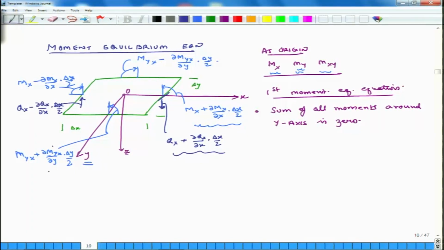Okay. Now we write down all the moments around the y axis.